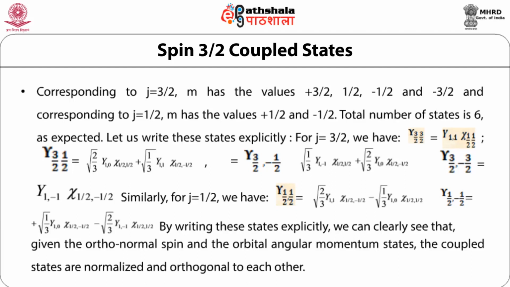Therefore, in all, one will have a total number of 6 states, 4 states corresponding to J equal to 3 by 2 and 2 states corresponding to J equal to half.